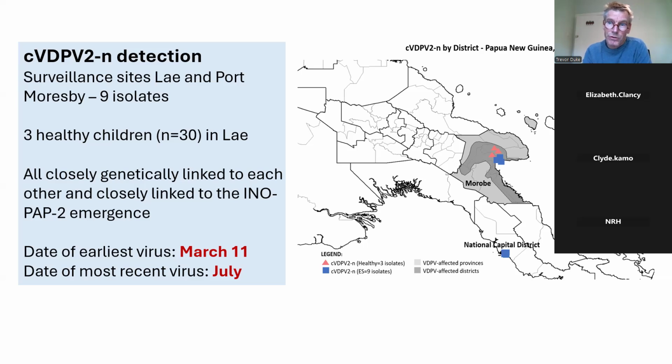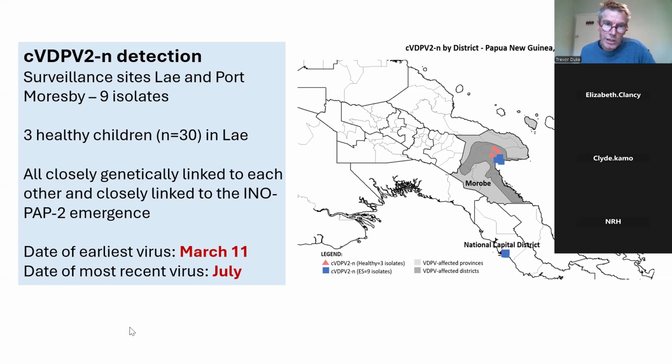Remember, 1 in 200 of all children that get wild type polio infection get paralysis, 1 in 200, and it's much, much less with these circulating vaccine-derived polioviruses. But still, to leave that virus circulating in the community is not healthy, and it runs the risk of mutation to a neurotropic virus. Okay.